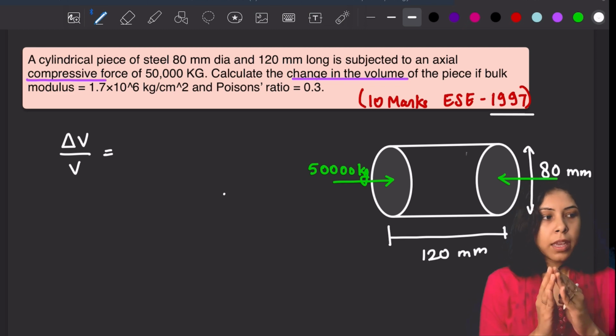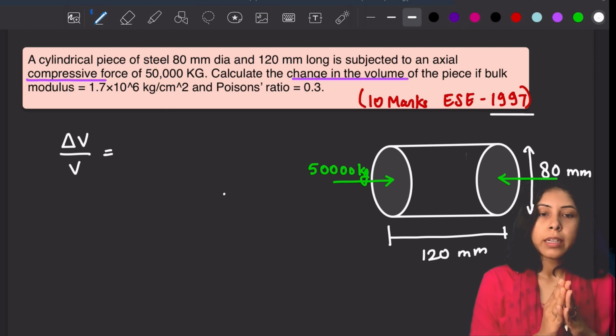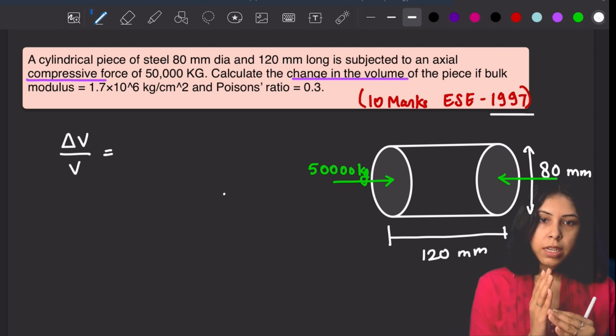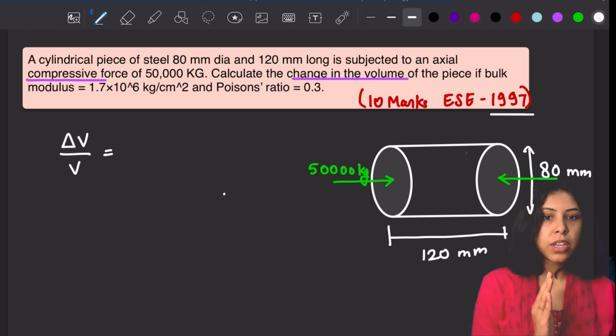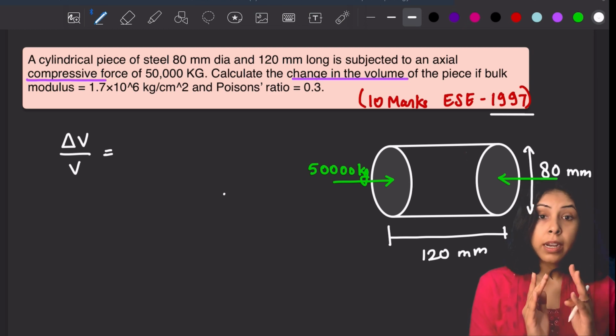That means if the longitudinal axis is the x-axis, the cross sectional axes will be y and z, so there will be changes in the y and z axes if there is a change in the x-axis.